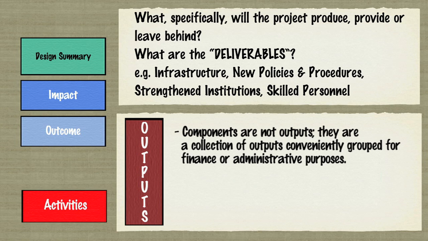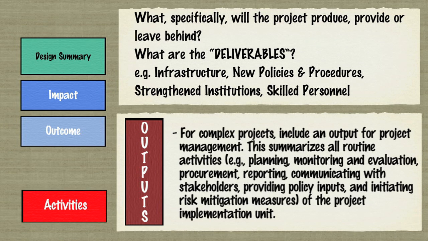They are a collection of outputs conveniently grouped for finance or administrative purposes. For complex projects, include an output for project management. This summarizes all routine activities, for example, planning, monitoring and evaluation, procurement, reporting, communicating with stakeholders, providing policy inputs, and initiating risk mitigation measures of the project implementation unit.